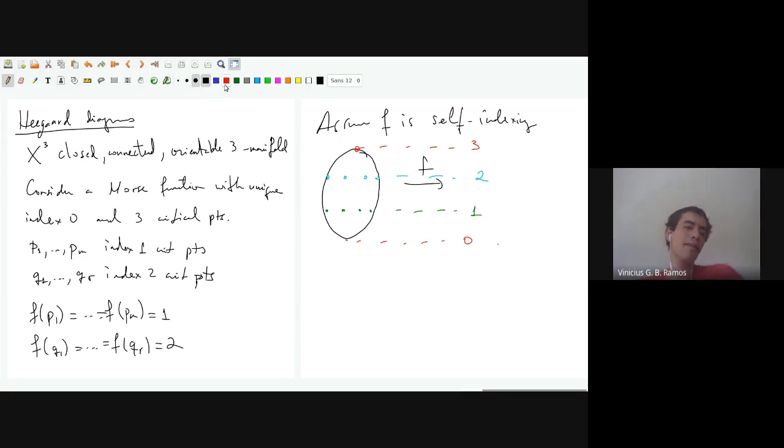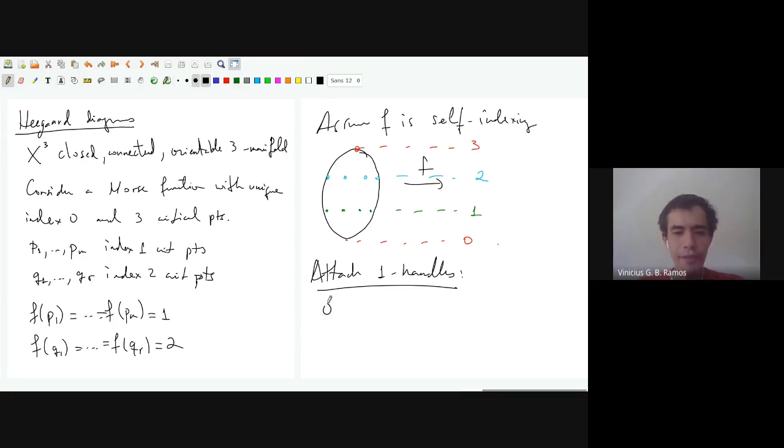This seems a little silly, but why not? It comes from the fact that these 1 handles attach separately from each other. We can always perturb them so they don't interact with each other, so we might as well attach them all at the same time.